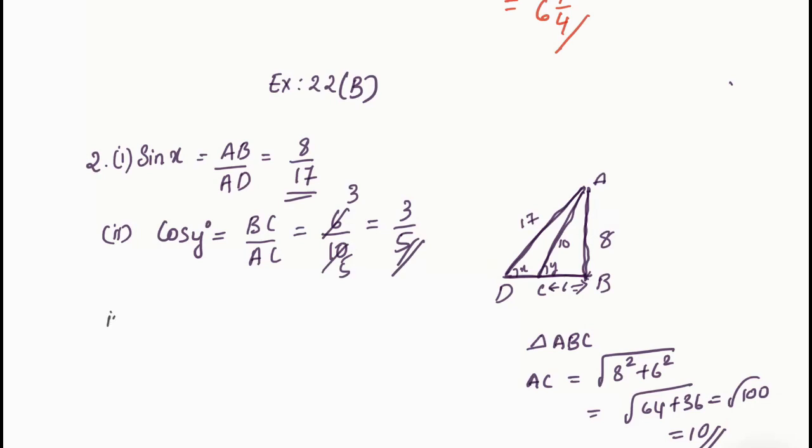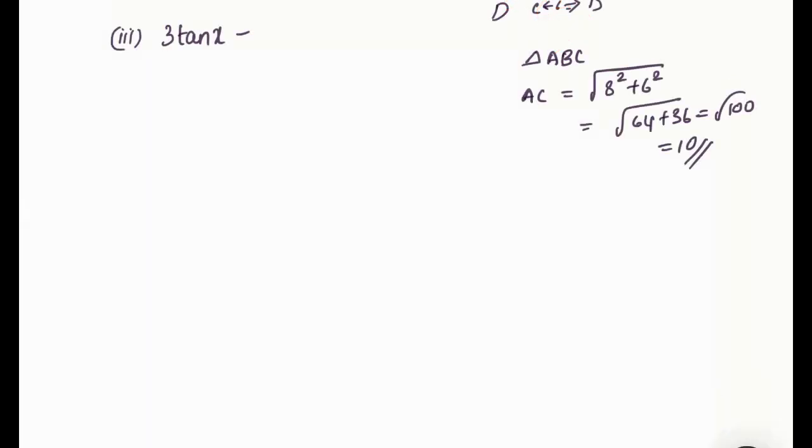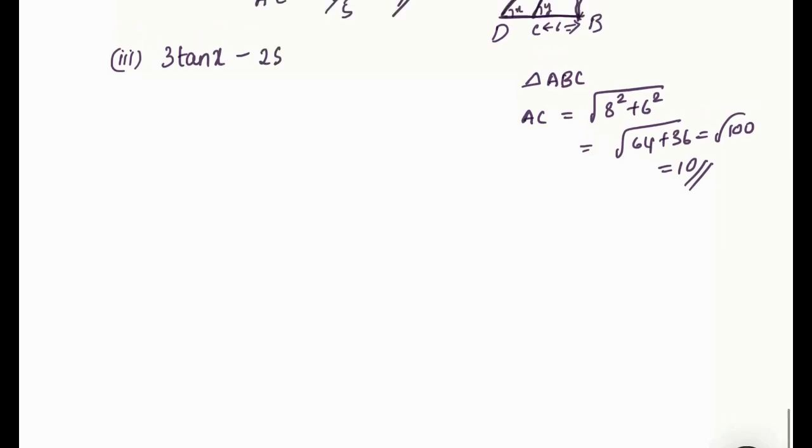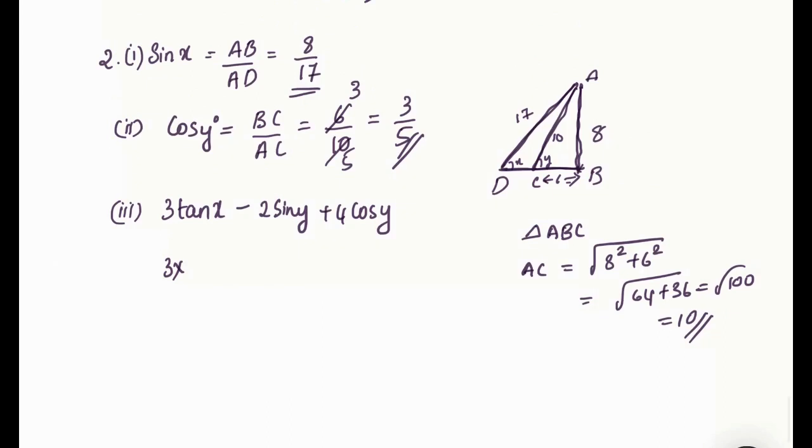Third sub question given to us, 3 tan x minus 2 sin y plus 4 cos y. So 3 times tan x. Look at the figure, tan x, that is perpendicular by base, right? So for x, what is the perpendicular here? Perpendicular is 8 by base.